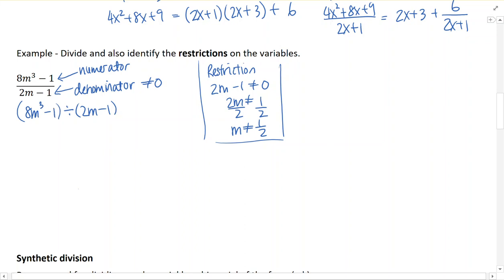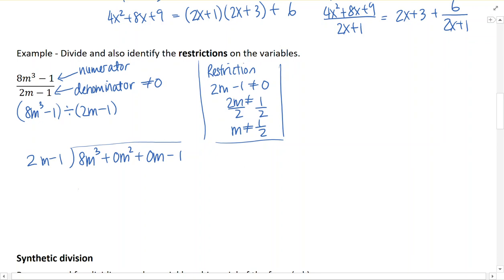So this is where we need to add in our missing terms. So we have 8m cubed, we're missing m squared, so add 0 coefficient. We're also missing m, so 0 coefficient. Now we're at the 1, and then we're going to stick our divisor in here, 2m minus 1. Now we just follow the same thing we did before.